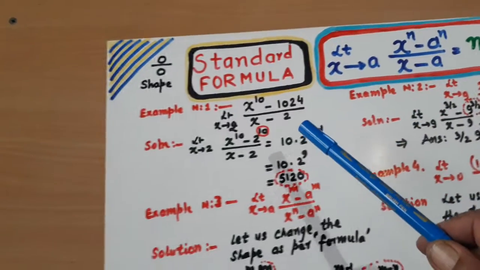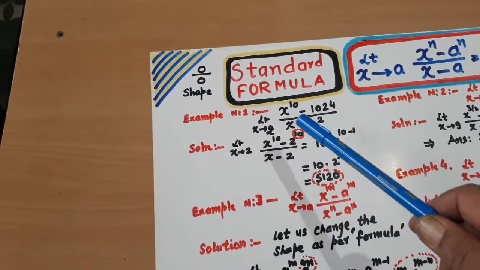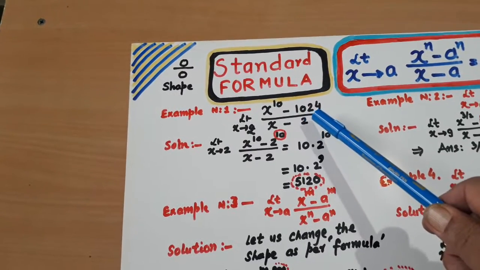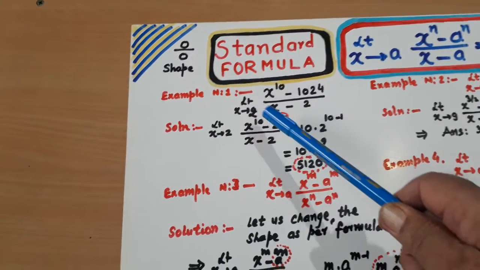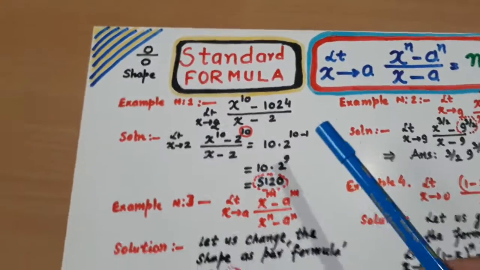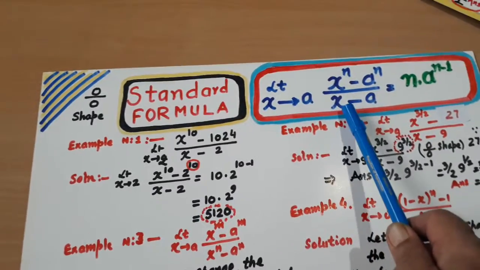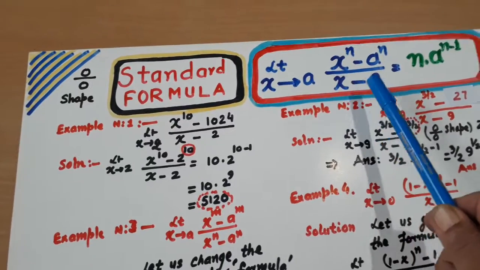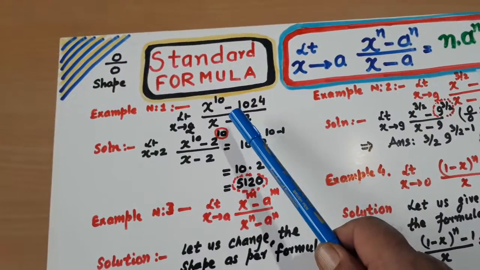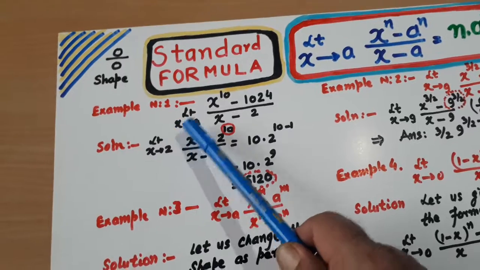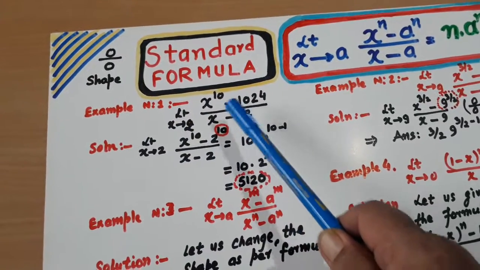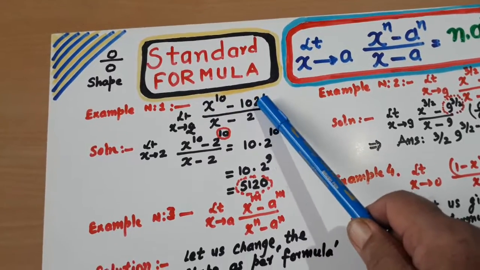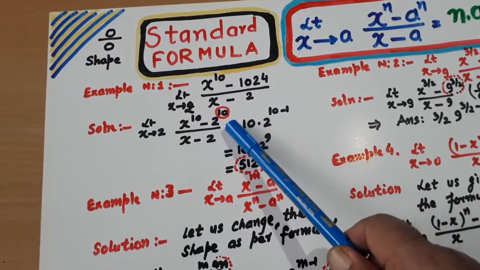Now look here. First example is (x raised to power 10 minus 1024) over (x minus 2), limit x goes to 2. In this standard formula, xa, xa, xa, three times are there. So here x2, x2, but in the numerator 2 is not there. Make it 2 raised to power 10.